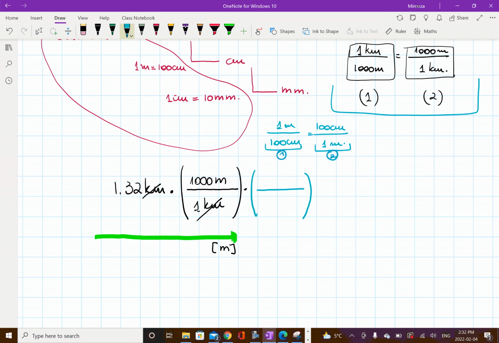The unit that we want to cancel is at the top of the fraction, and we want to have it at the bottom so that we can cancel it out. So in this case, meters and meters are canceled out, and we are ending up with centimeters. So whatever number we have here will be in the units of centimeters.